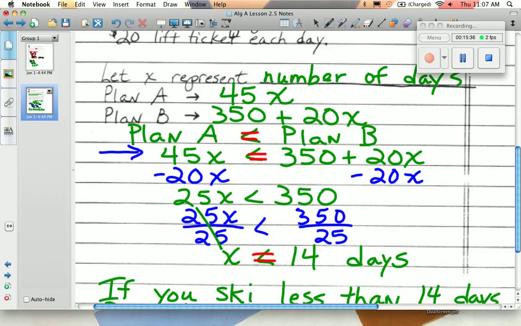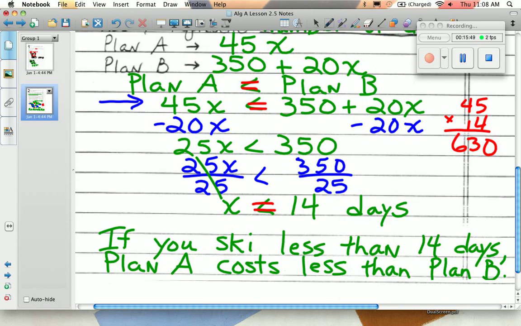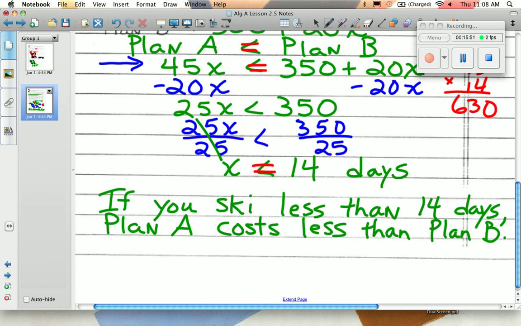No, I just multiplied 45 by 14. And what did you get? 630. Okay, 45 times 14 is 630. Okay, Plan B. What do we have to do for Plan B then? 350 plus 20 times 14.